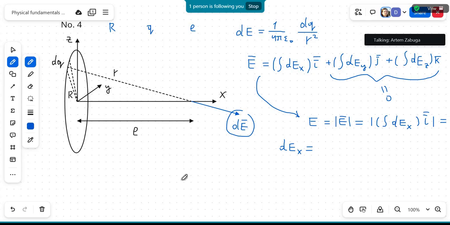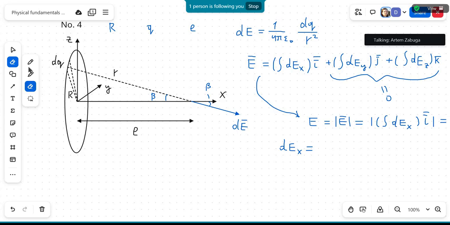Okay. We can define some angle beta between dE and axis x.